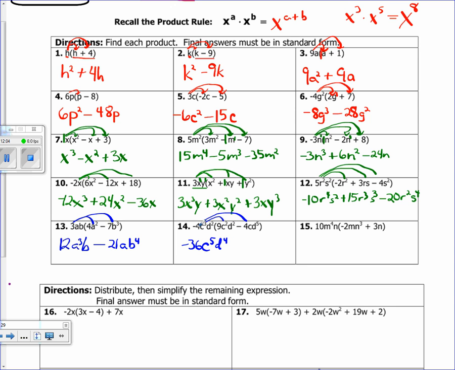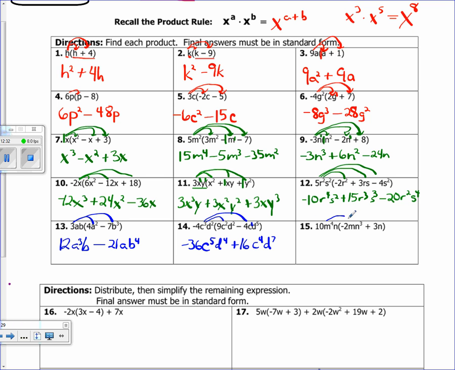Now we're multiplying by a negative, so be careful here, because that's a minus sign. Now it should become a plus sign. Negatives times negatives become positives. And 4 times 4 is 16. C cubed times C to the first is C to the fourth. D squared times D to the fifth is D to the seventh.